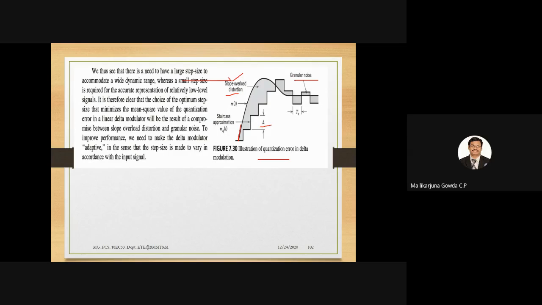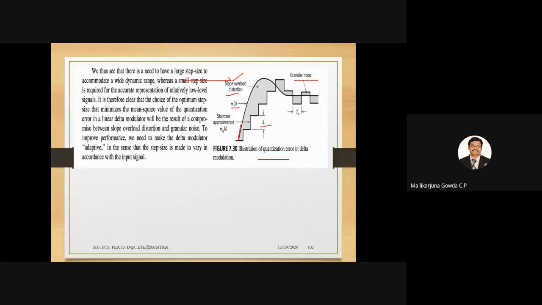To follow that, I need to vary the step size as well as the sampling frequency. That difference between the staircase approximated signal and the original message signal, when there is a steep change in the message signal, is known as slope overload distortion.